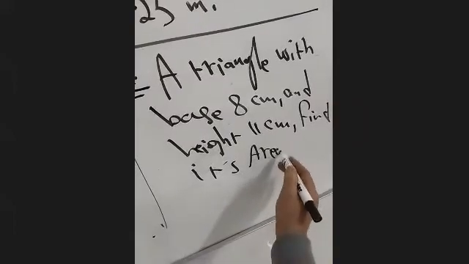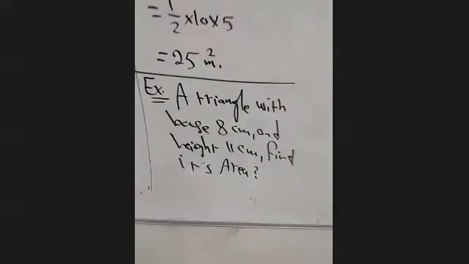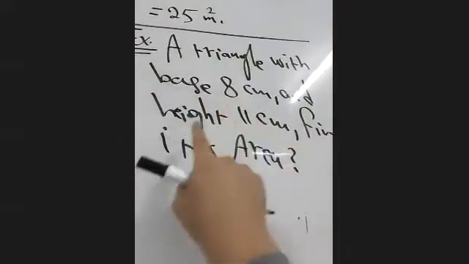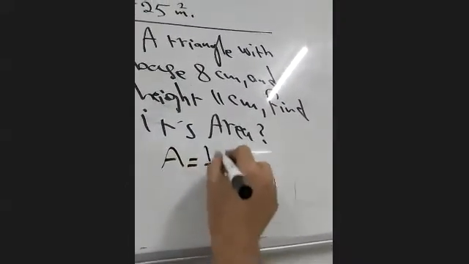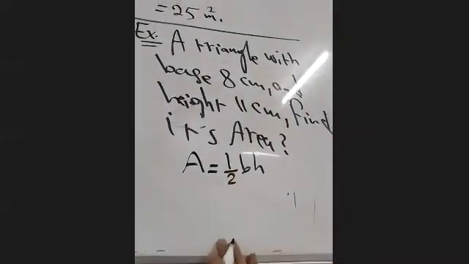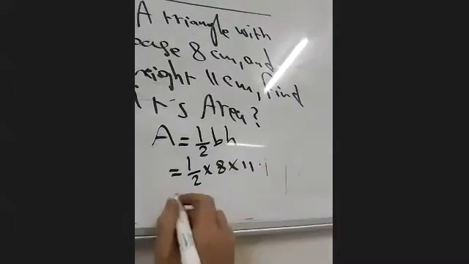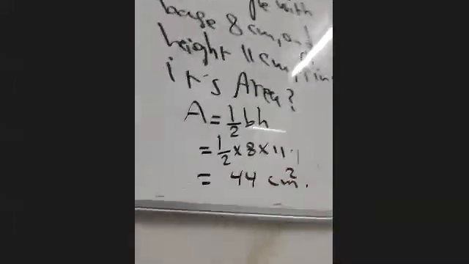So from the question, you need to search for the information which is needed for the area. We need the base and the height. The base is given, 8, the height is given, 11. Write the formula: A equals half BH, equals half multiplied by 8 multiplied by 11, equals 44 centimeter power 2.